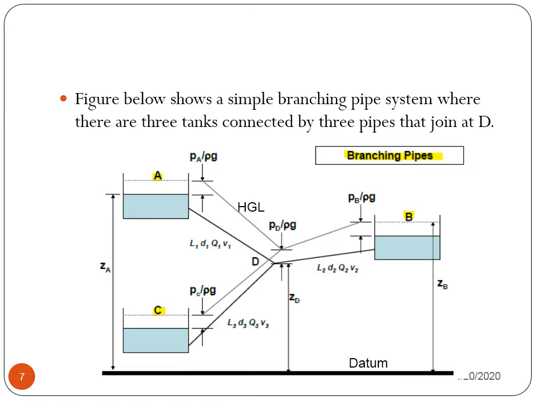These 3 pipes, pipe 1, pipe 2, and pipe 3, are connected at the junction here, and the point at the junction is point D.